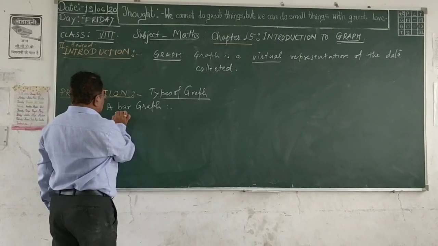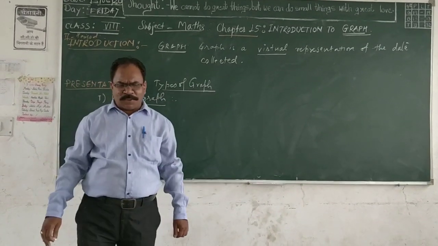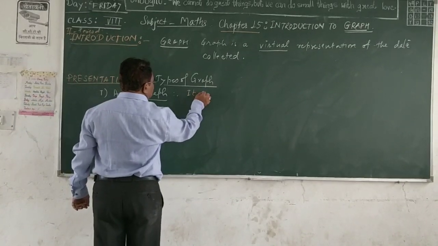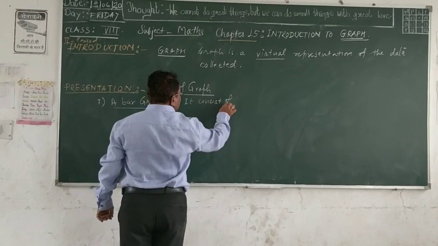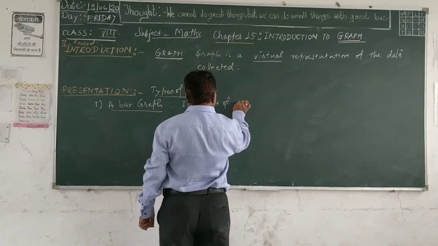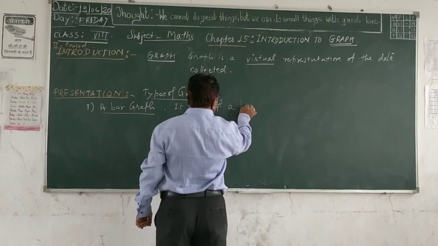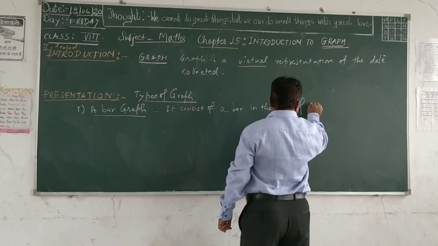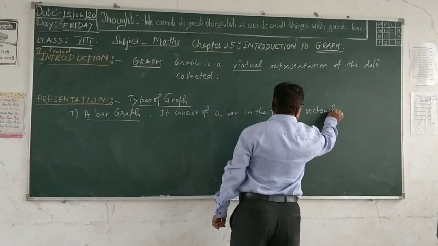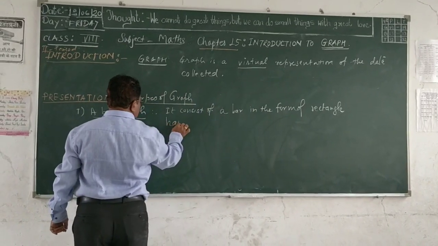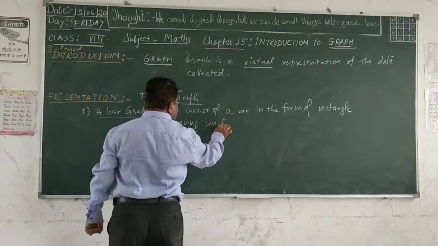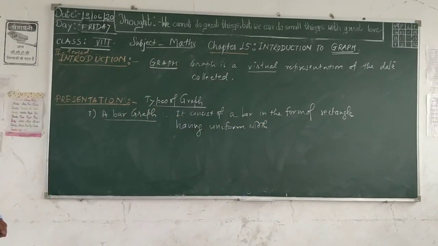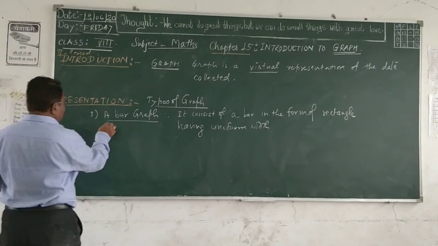So bar graph, in this bar graph, it consists of bars in the form of rectangles, having uniform width. So this is about the bar graph.